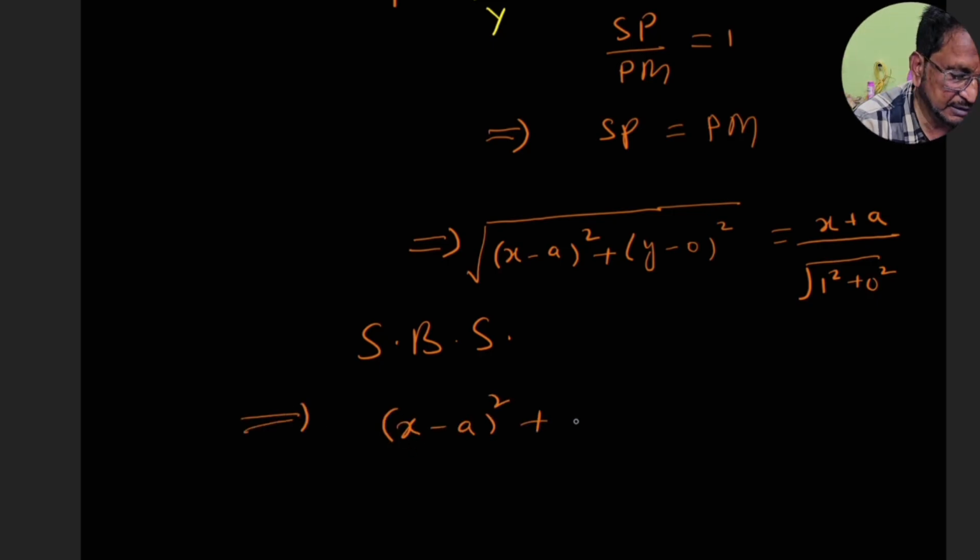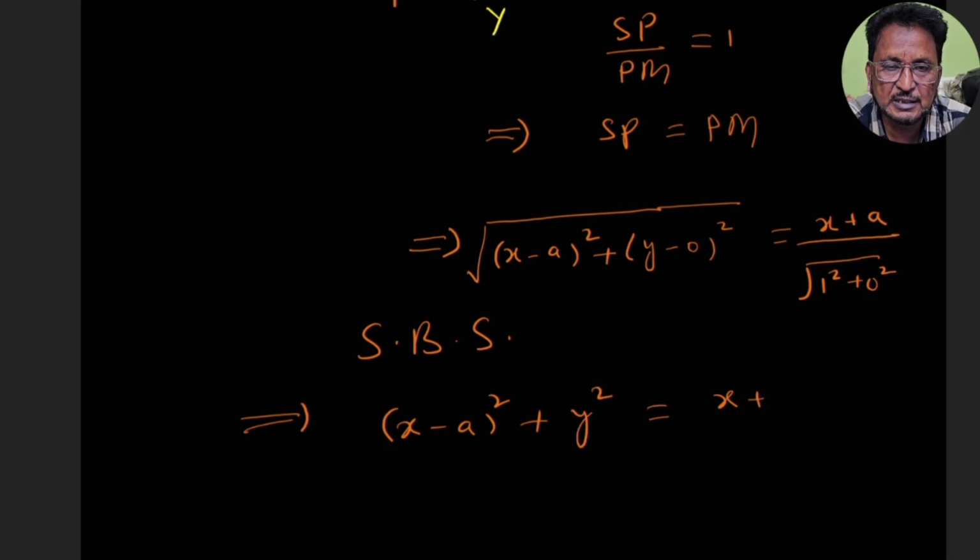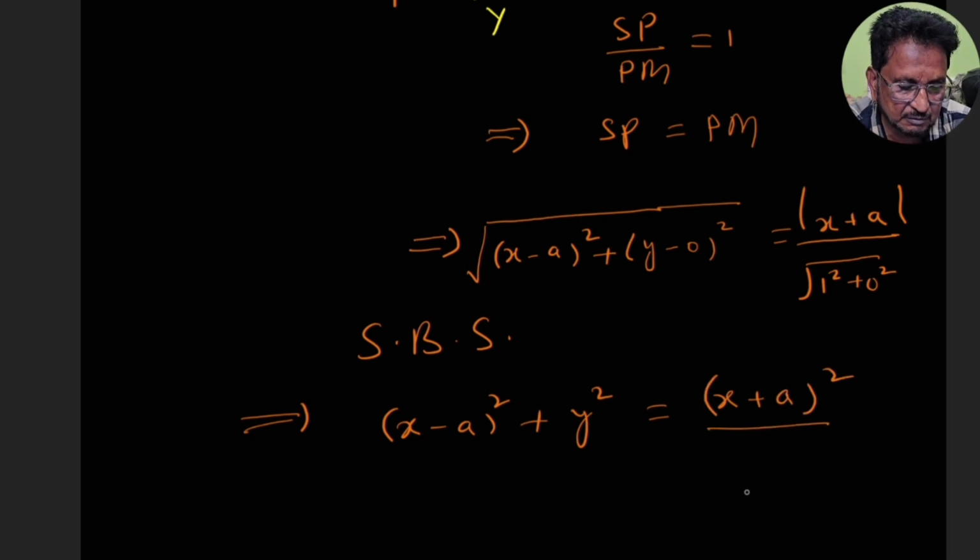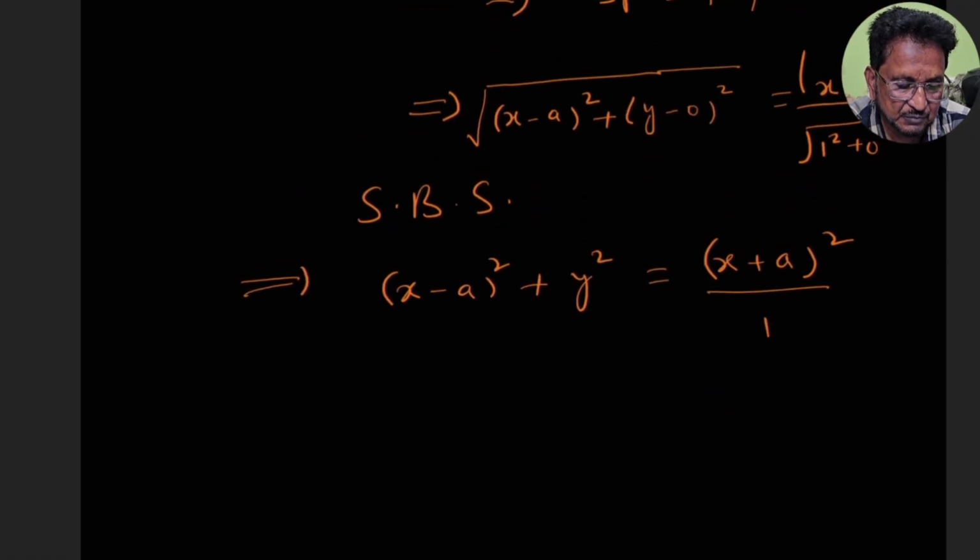Therefore, we take root of 1 square plus 0 square. Now squaring both sides, you cancel the square root and you will get (x minus a) whole square plus y square is equal to (x plus a) whole square.